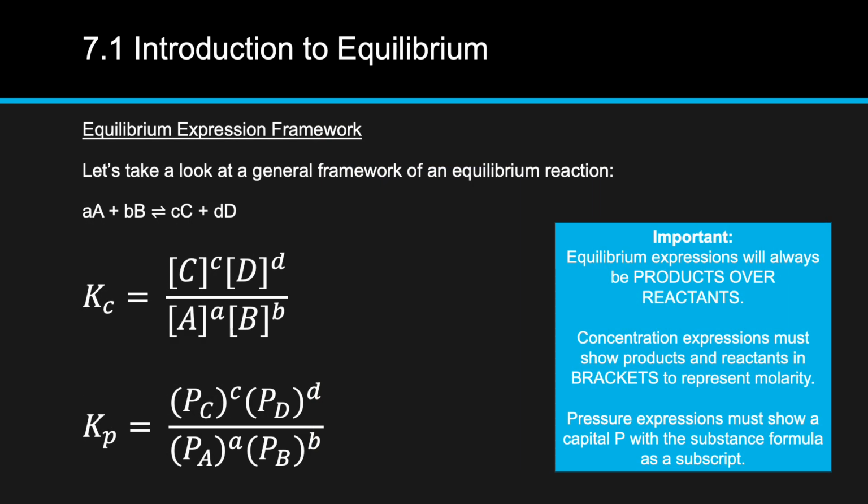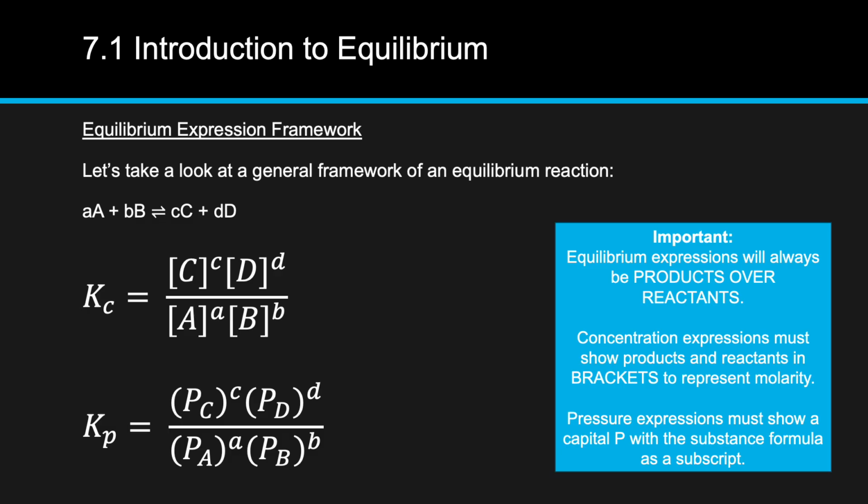All right, so to actually quantify equilibrium, we write what's called an equilibrium expression based on the balanced chemical equation. So for a general reaction, the equilibrium constant is written as the concentration or pressure of the products divided by the concentration or pressure of the reactants, and each one is going to be raised to the power of its coefficient from the balanced chemical equation.